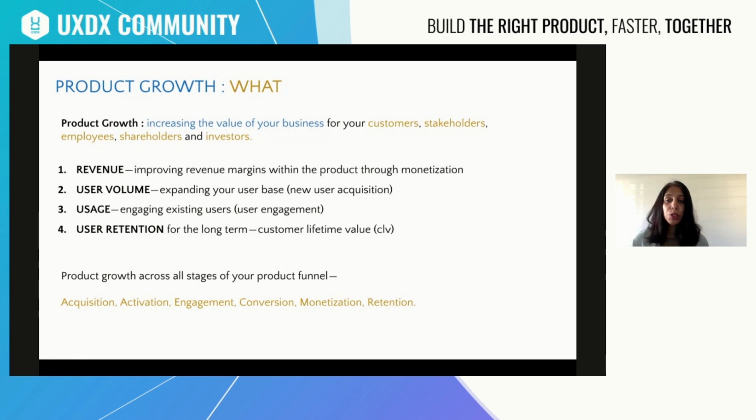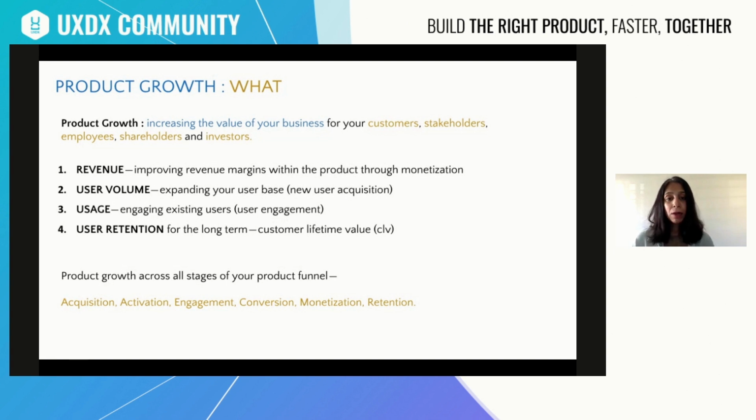Third can be the usage of a product. You're improving usage, and that's how your users are getting engaged in your products and services, and that's how you grow the value of the product itself. And the fourth can be user retention. Basically, you're increasing the customer lifetime value of your existing customers so that they retain over a long period of time and create less churn.